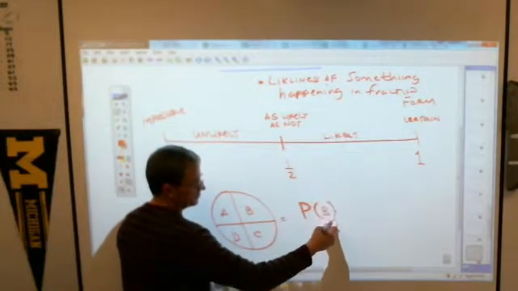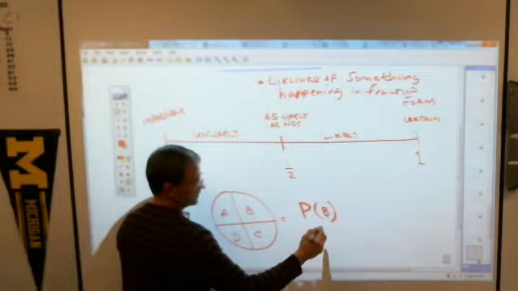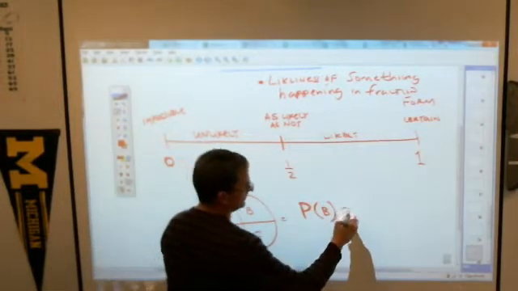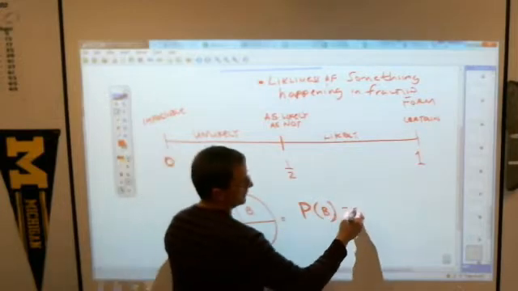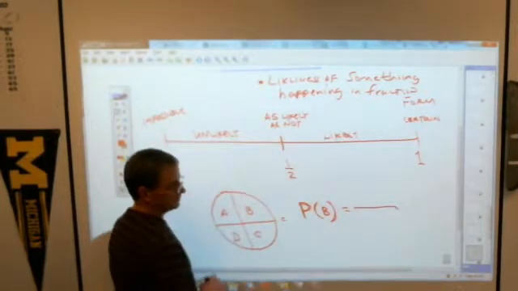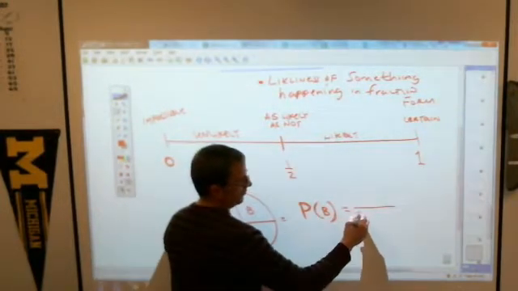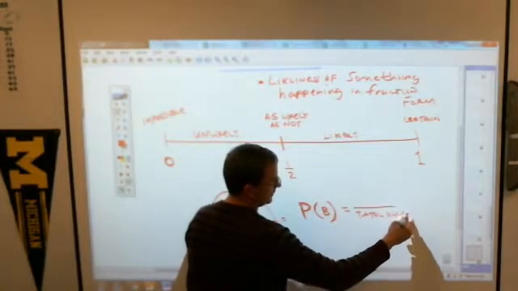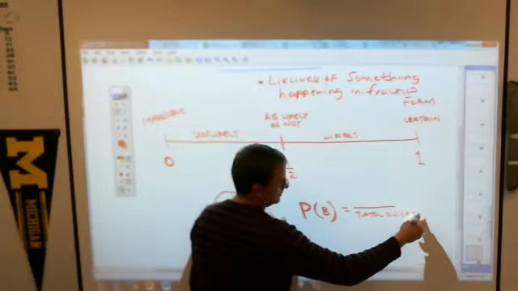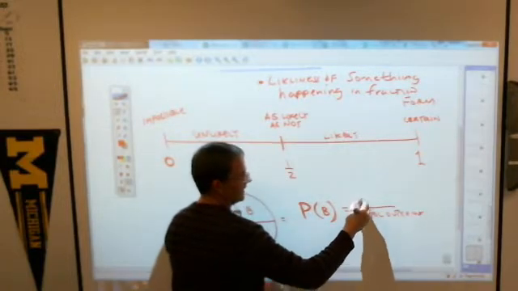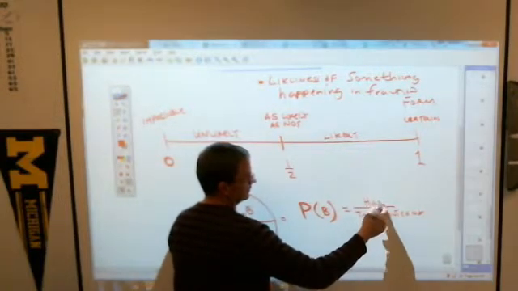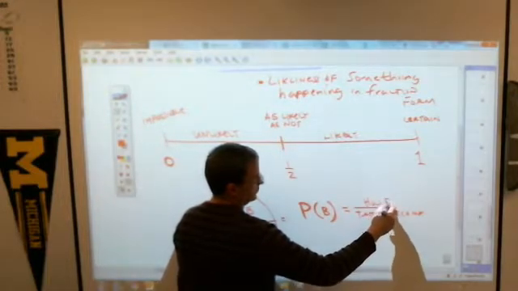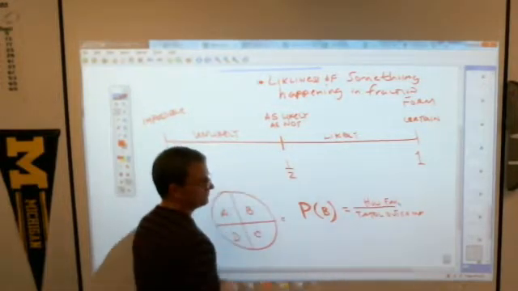Inside the parentheses, you put what outcome you want, and then to find the probability, you make a fraction. On the bottom are all the total possibilities or total outcomes. And on top you put how many good ones, how many favorable outcomes are there.